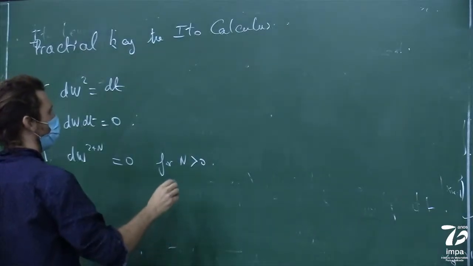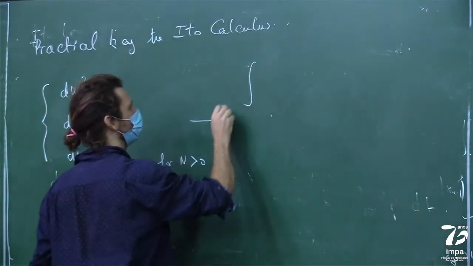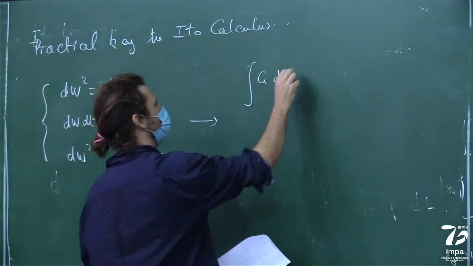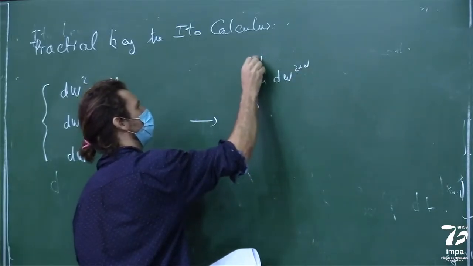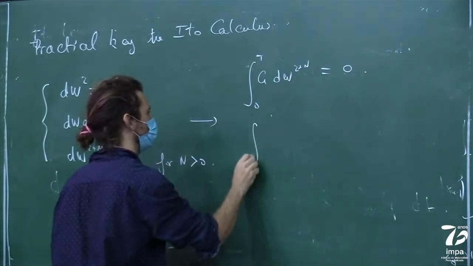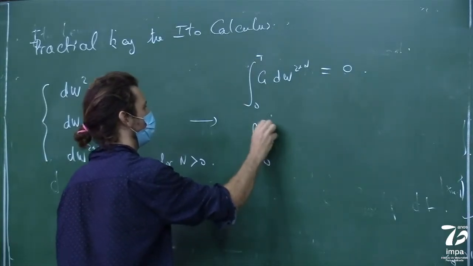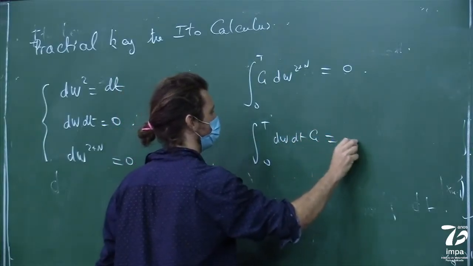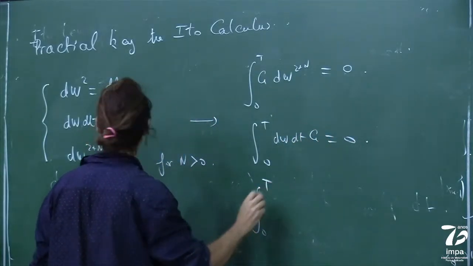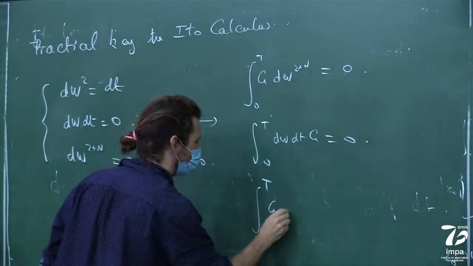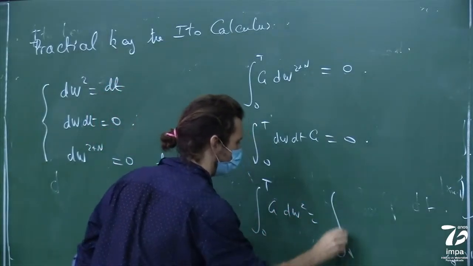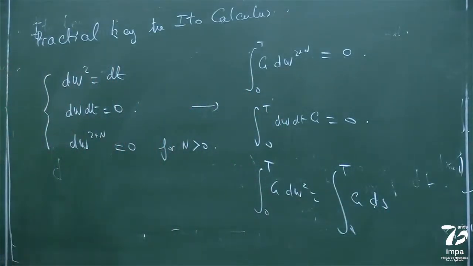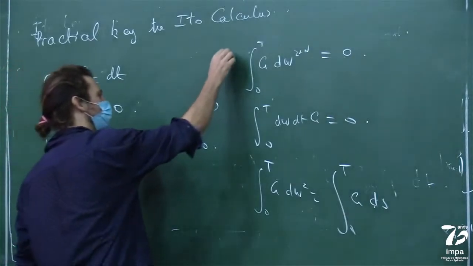Meaning that the integral from 0 to t of g times d omega to the 2 plus n equals 0, the integral of g d omega dt equals 0, and the integral from 0 to t of g times d omega squared is the integral between 0 and t of g ds. Okay, and those equalities have to be taken in the L2 sense.